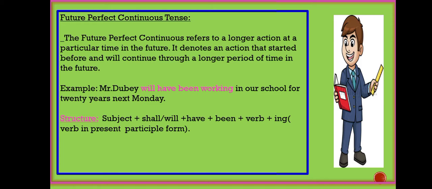By next March, we shall have been living here for 4 years. So, our stay here will be completing 4 years by next March. I hope you have understood the use of future perfect continuous tense, right?